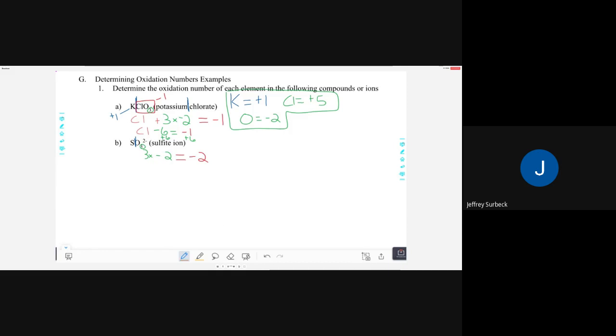Then we have S. So we say sulfur. S - 6 equals -2. We add 6 to both sides.